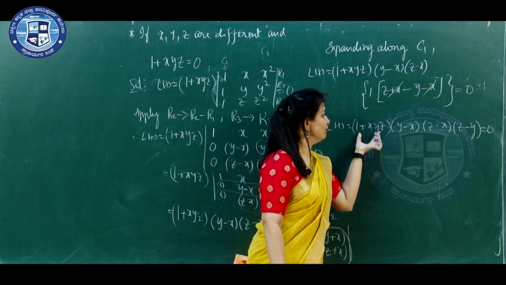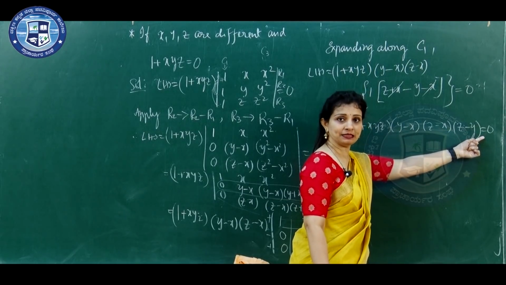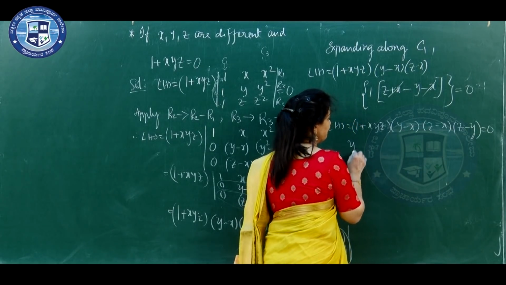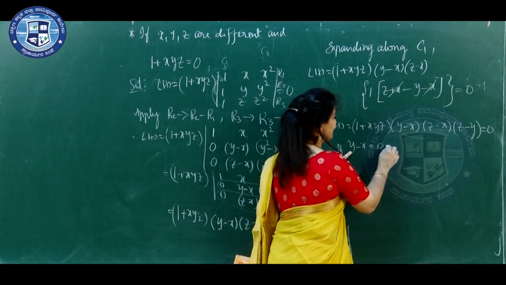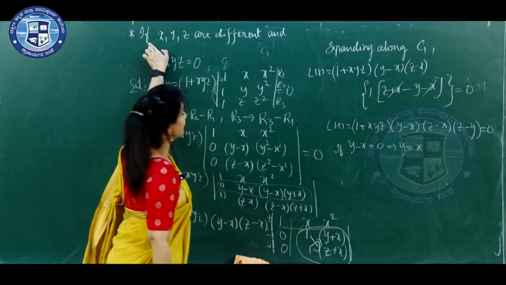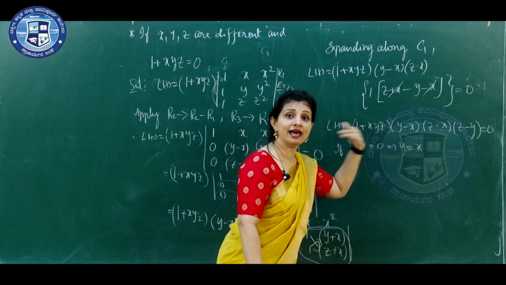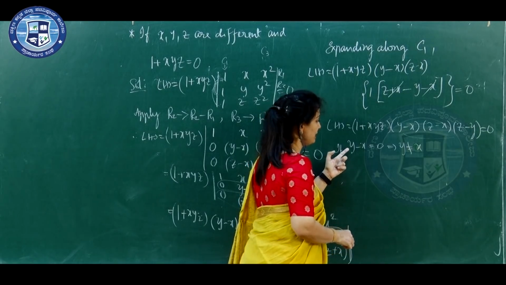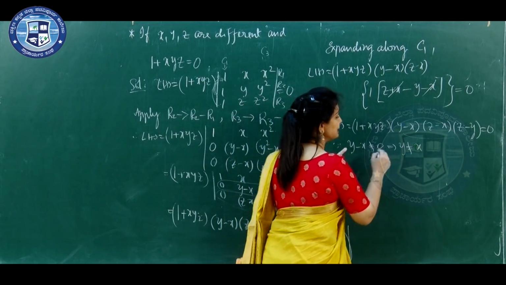So either 1 plus xyz is 0, which is what we have to prove, or y minus x is 0, which is not possible, because if y minus x is 0, y is equal to x. But the given statement is that x, y, z are different numbers, so x and y are not equal. Therefore y minus x is not equal to 0.